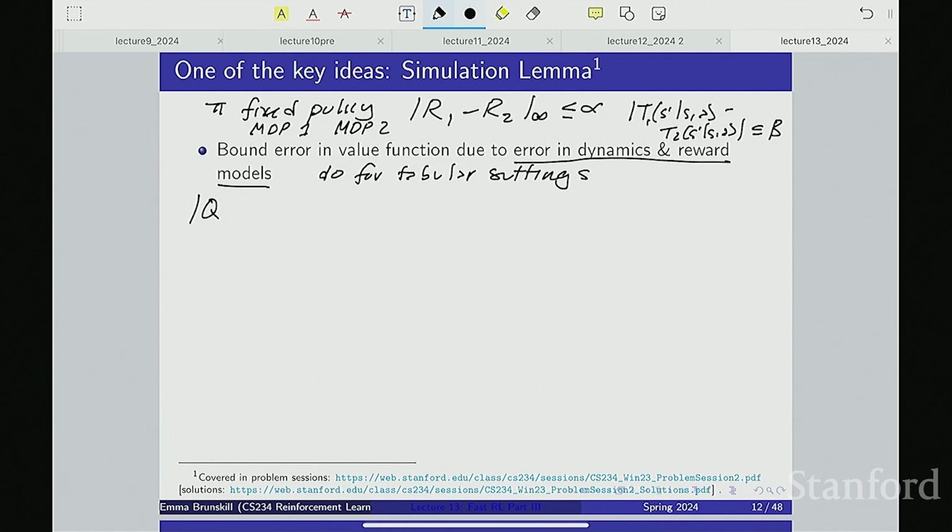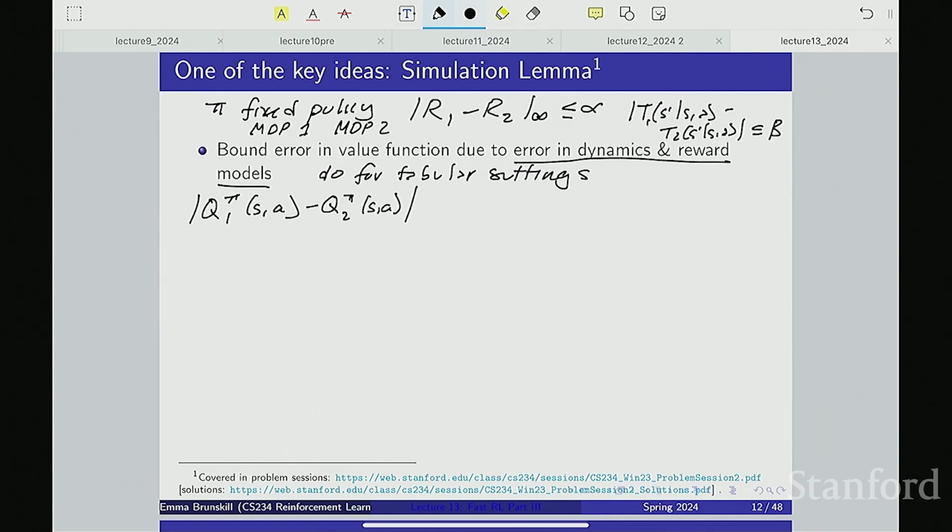And we're going to show that if that's true, then we also only differ in their estimated Q functions for a particular policy by a bounded amount. So we want to compare the Q value under model 1 for state s, action a, and then following policy pi, versus Q pi 2 of s, a.